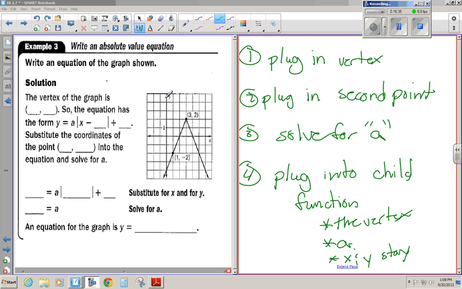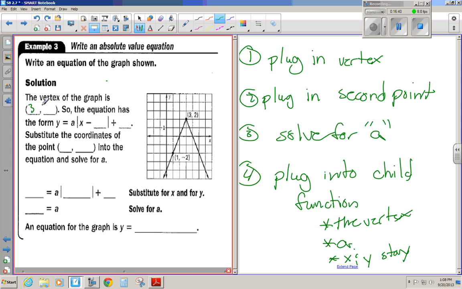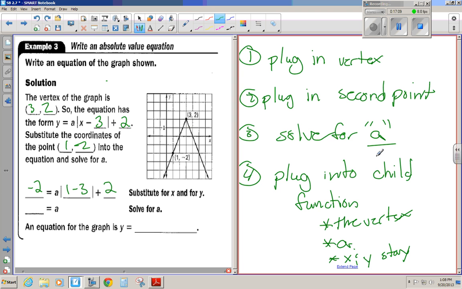Looking here, the vertex, which is the highest point of this V shape, is 3, 2. So the equation has the form y equals a times the absolute value of x minus 3 plus 2. Then step 2 says to plug in the second point. Here is the second point, 1, negative 2. So now you have negative 2 equals a times the absolute value of 1 minus 3, plus 2. All the variables are gone except for a.